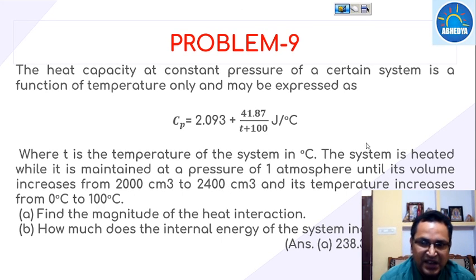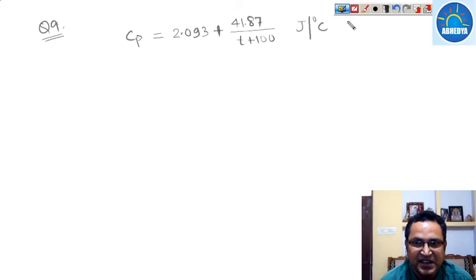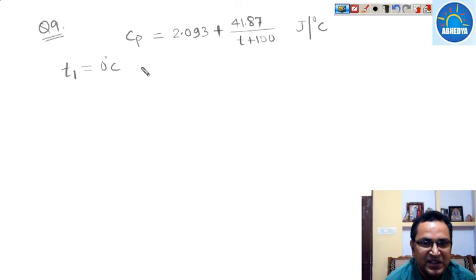The system is heated at a constant pressure and the volume of the system has been increased from 2000 centimeter cube to 2400 centimeter cube, while in this time the temperature also increases from 0 degree centigrade to 100 degree centigrade. So let us first write this. The initial temperature T1 is given as 0 degree centigrade, while the final temperature, let it be T2, is equal to 100 degree centigrade.